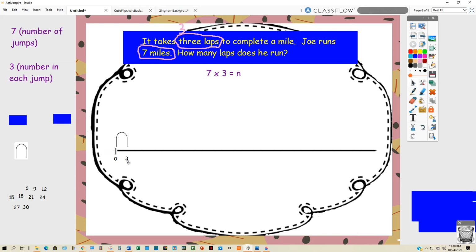Now, I have to be careful because remember, I don't want to get so involved in going by 3s that I lose track of how many times I jump. Remember, each time we jump, we're going to add 3. So 3 plus 3, that tells me my next jump.